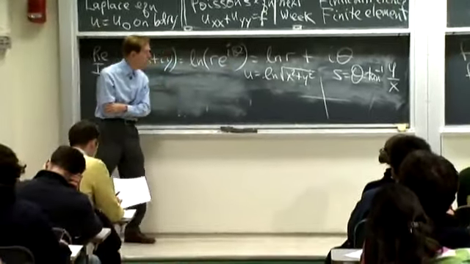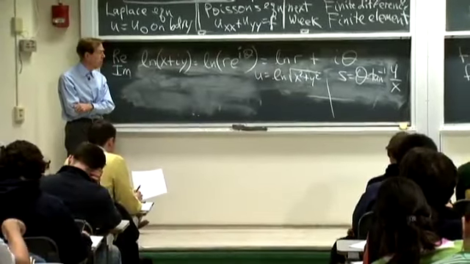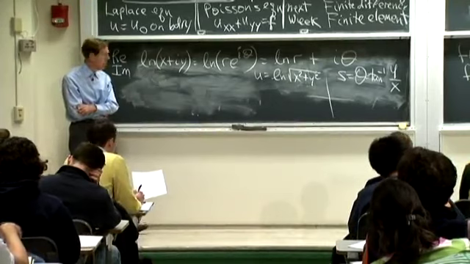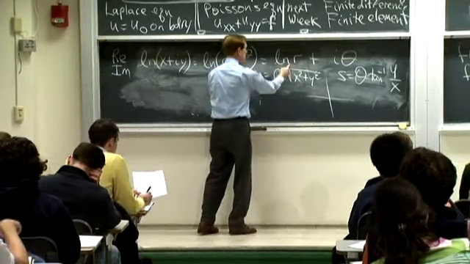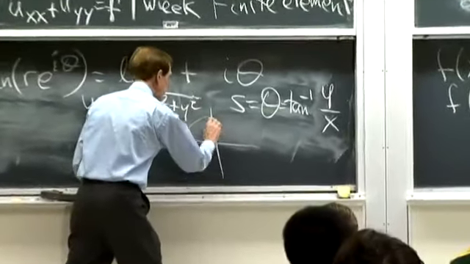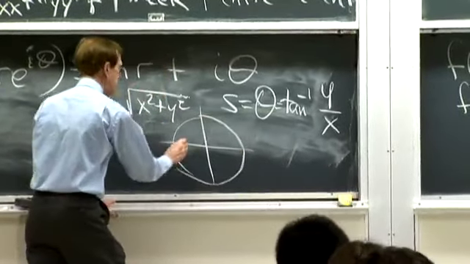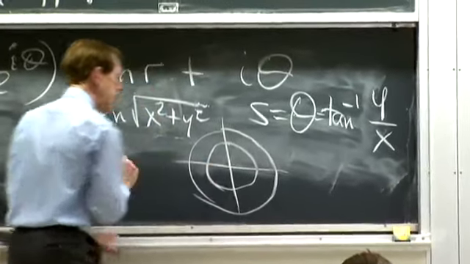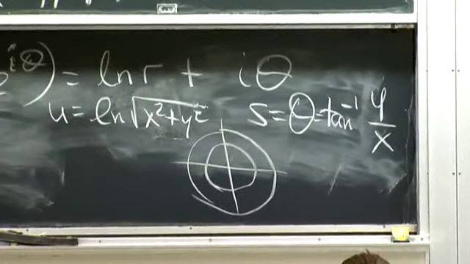What are the equipotential curves for that guy? Circles. This is a constant when r is a constant. So the equipotential curves would be circles. I don't want to draw that circle with radius 0, though. I'm nervous about that one. But all the others are great.